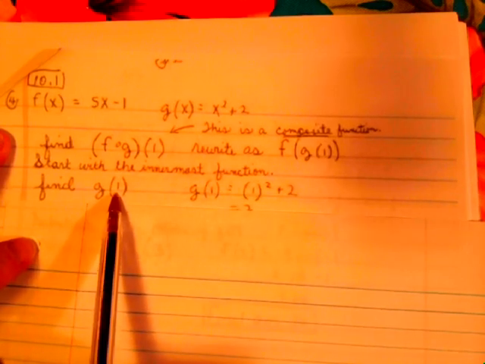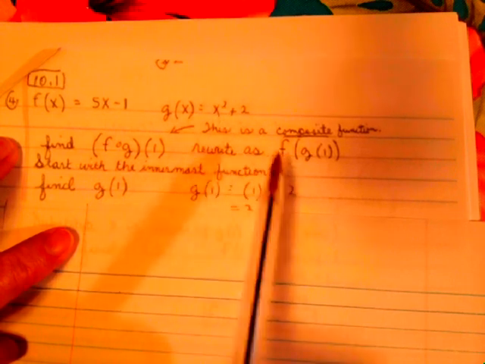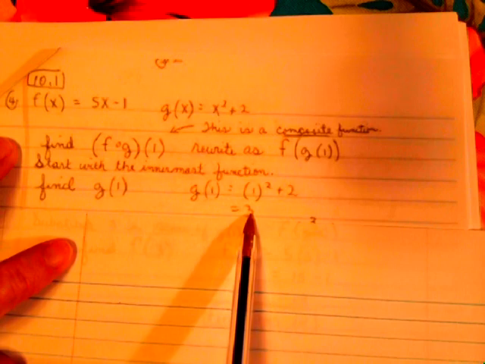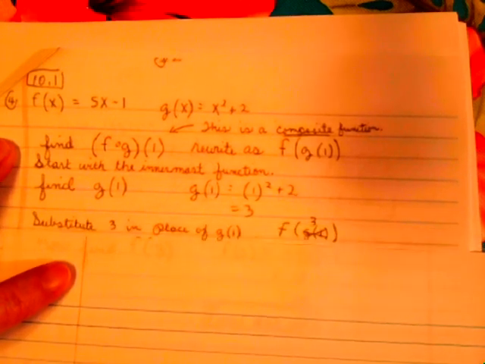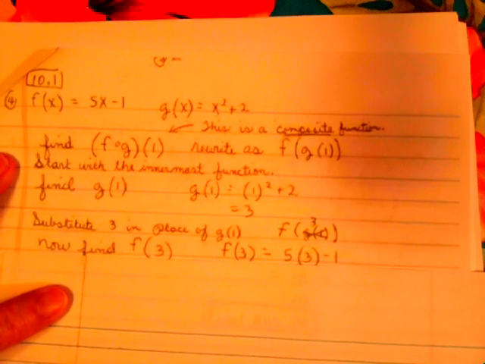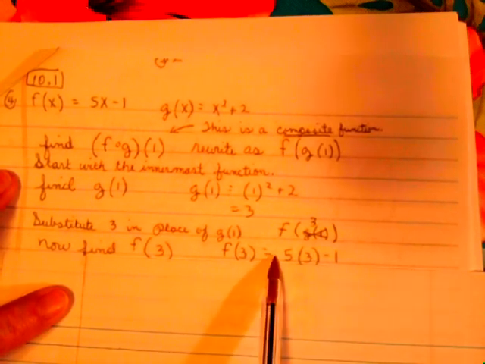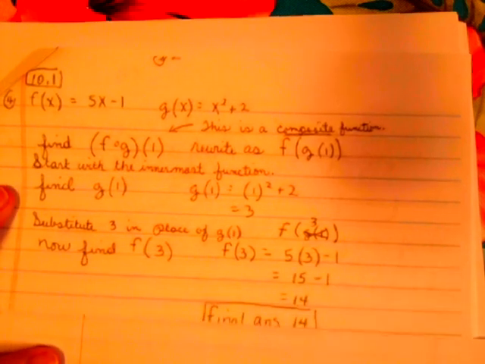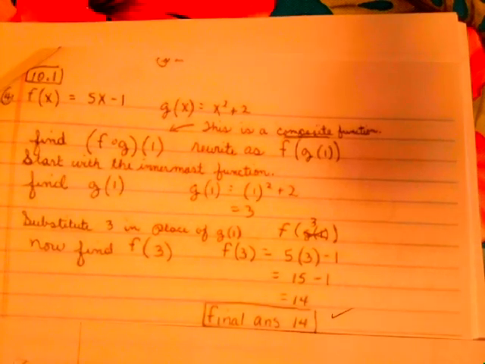Find g of 1. Take 1 and plug it into the g function in place of x. 1 squared is 1, plus 2 is 3. Now take that answer, 3, and substitute it in place of g of 1 into the f function. 5 times 3 is 15, minus 1 is 14. Final answer, 14.